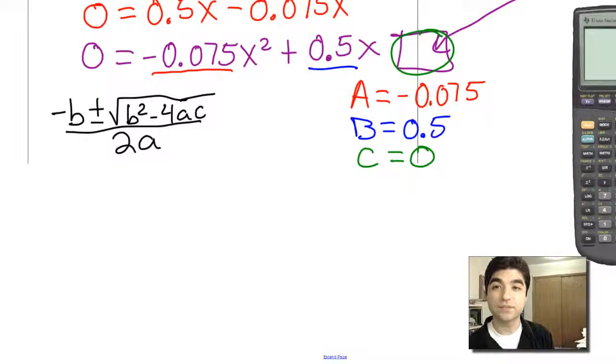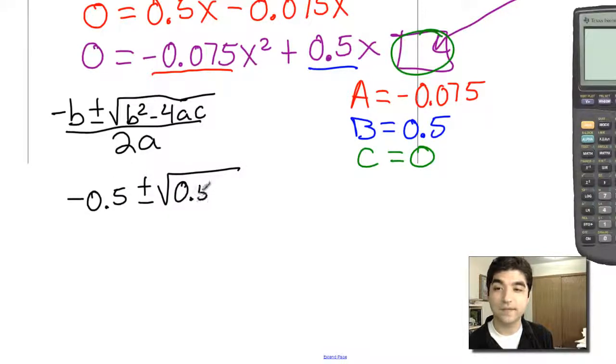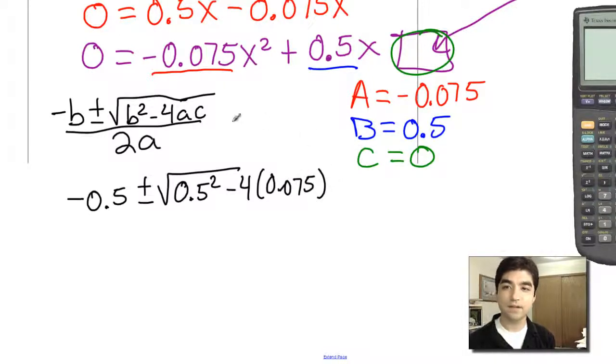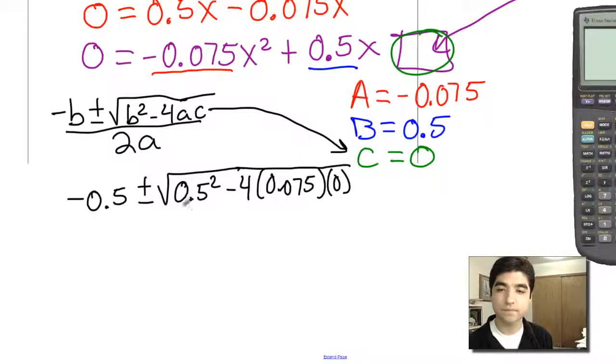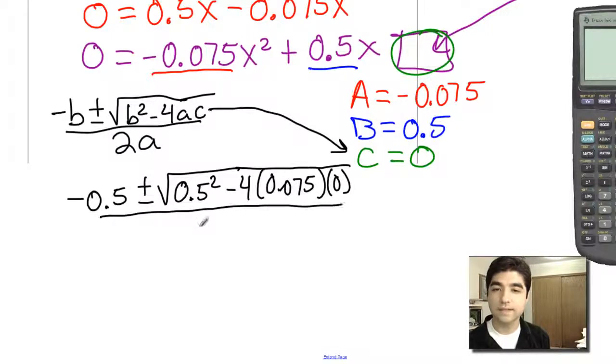Now all you need to do is just put your numbers in. So you do negative 0.5 plus or minus square root of 0.5 squared minus 4 times 0.075 times our c is 0. So that's going to be times 0. And that's all over 2 times a, which is negative 0.075.